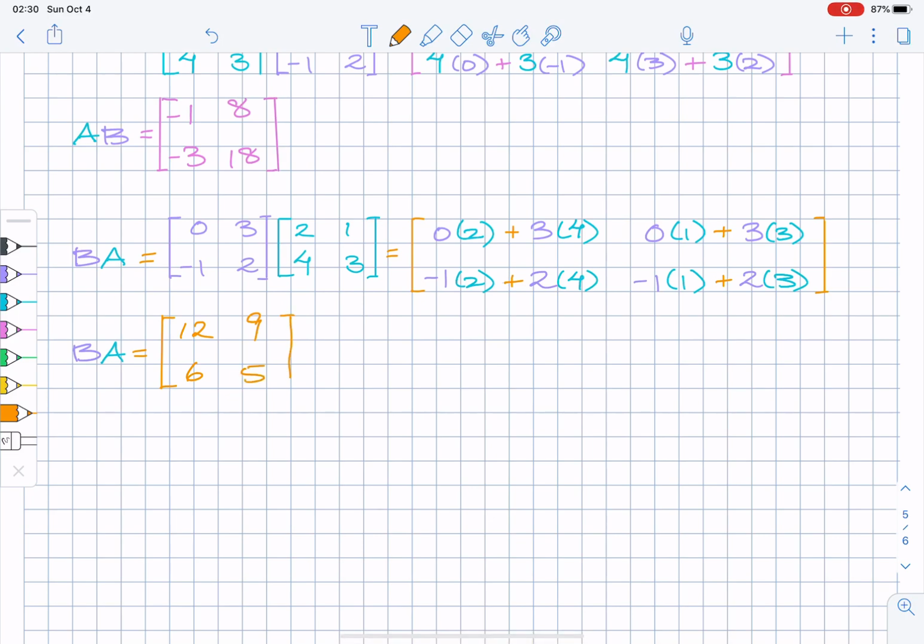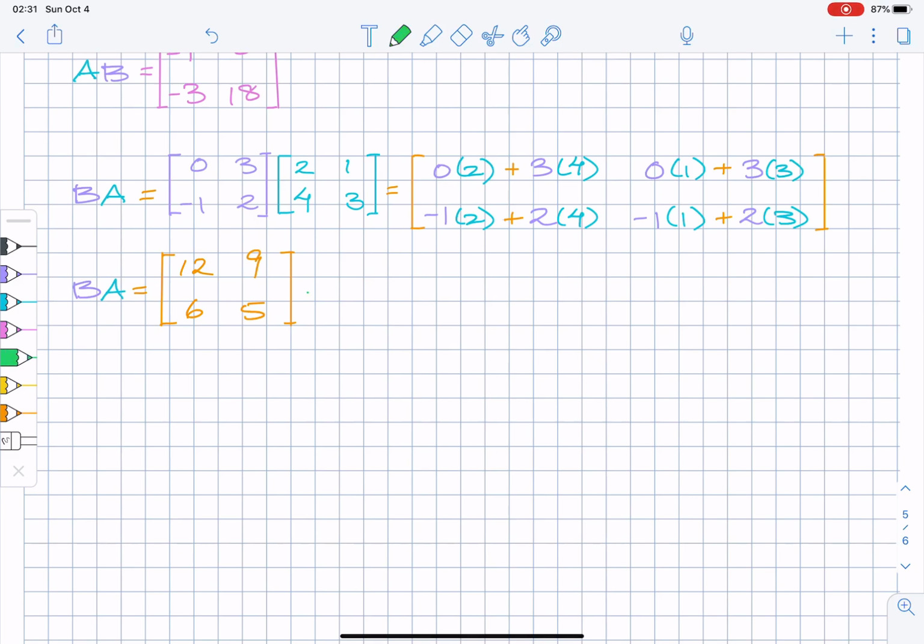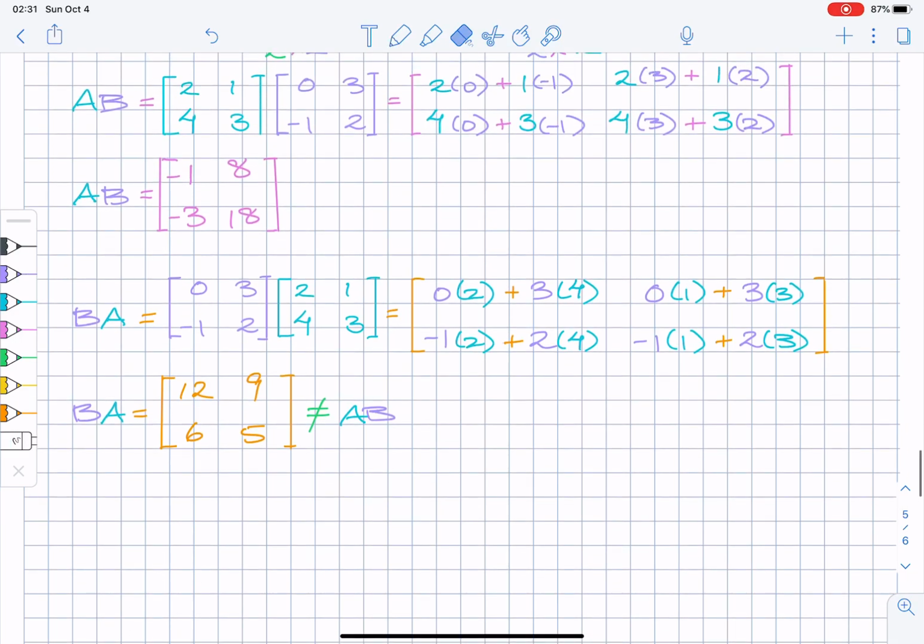So notice that AB is not equal to BA. So BA is not the same as AB. Check mark. So it's not commutative, meaning it doesn't share the same properties as real numbers.